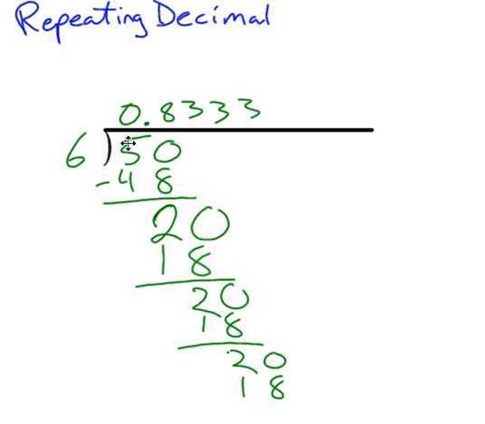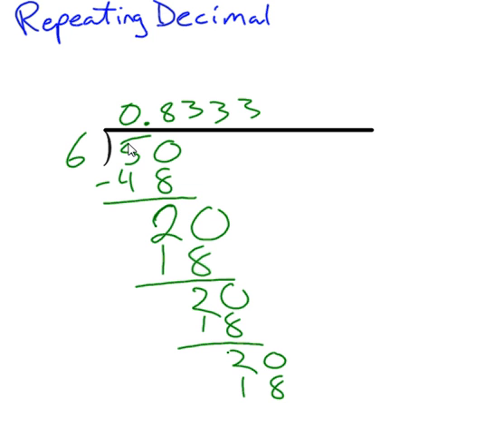Now, we're not that cruel and unusual when it comes down to teachers. Usually what happens is, if this number is to repeat over and over forever, we have a cheat. When we write the number down, we write it down until it repeats twice. And we highlight the repeated section.